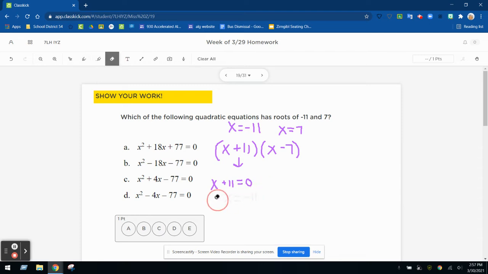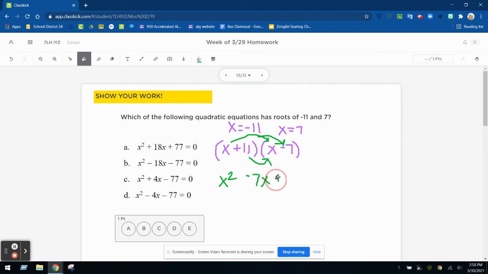I'm just working backwards. Okay, so now that I have the two factors, I can decide which would multiply to equal one of these. So I know that I would get x squared, and then I would get minus 7x, then I would get plus 11x, and then I would get minus 77.